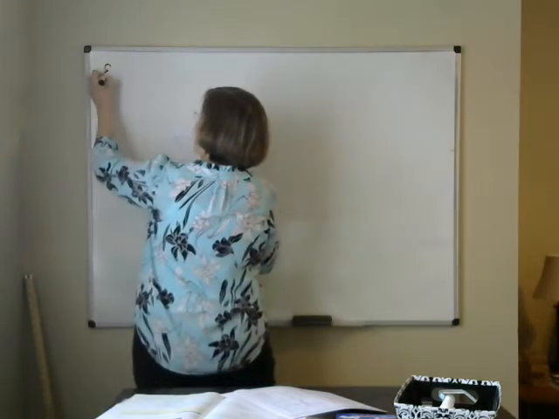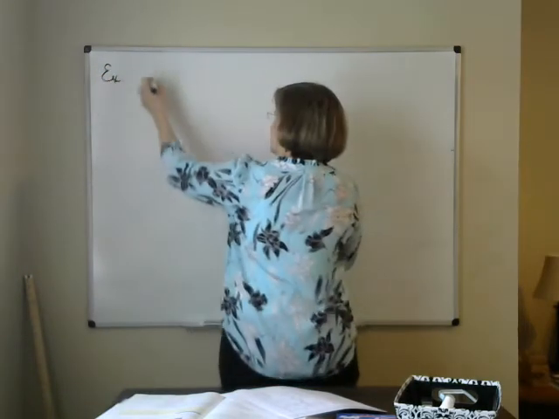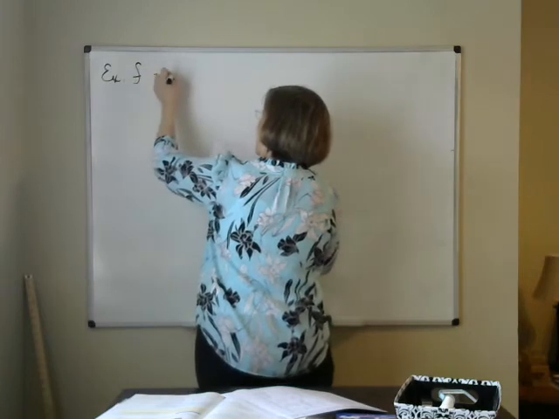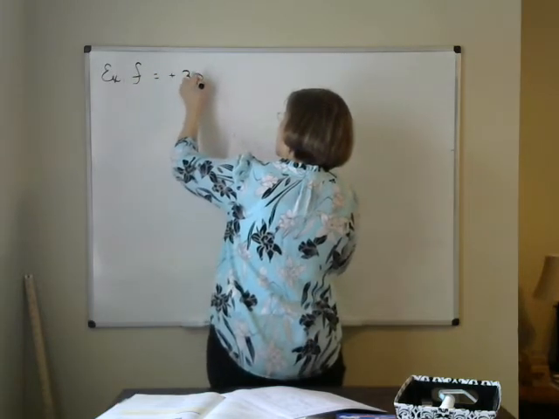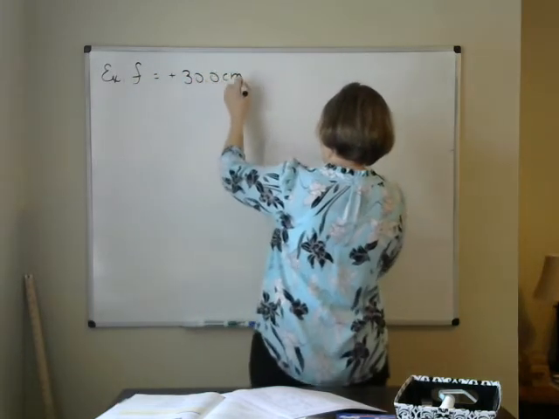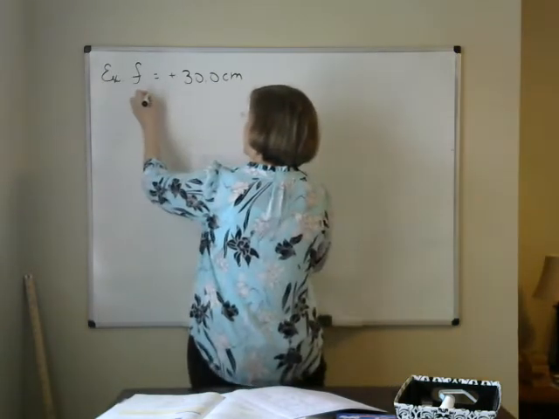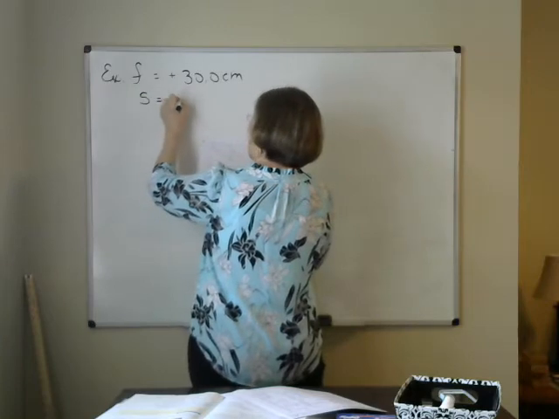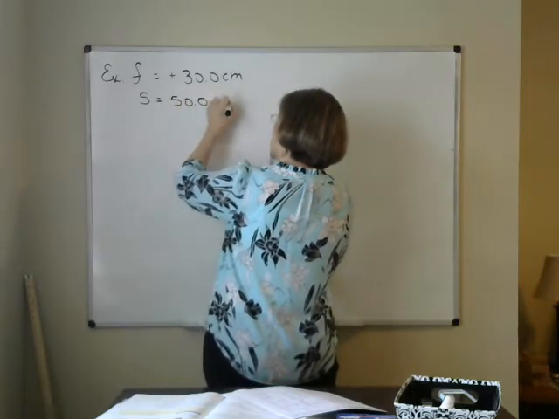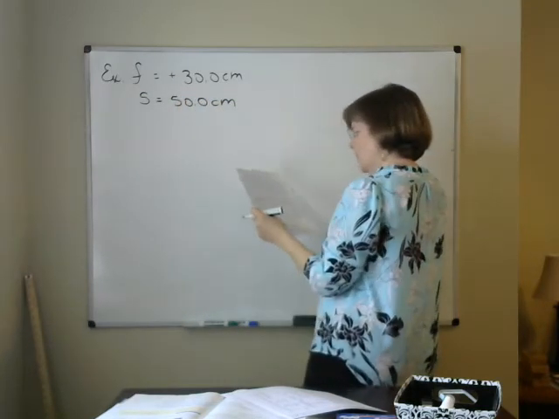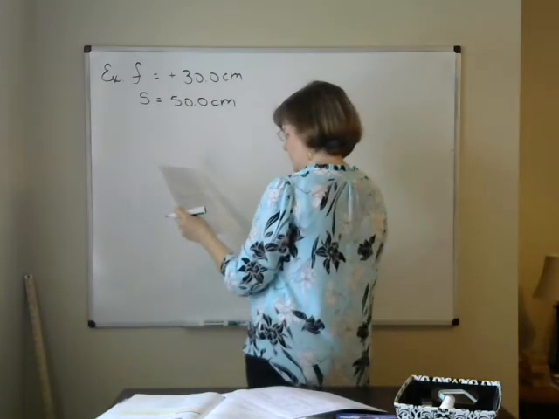Okay. We're going to have a thin lens. It has a focal length that is a positive 30 centimeters. We know it's positive, it's a converging lens, and we're going to put our object at 50 centimeters, a positive 50. We want to find where the image is located.